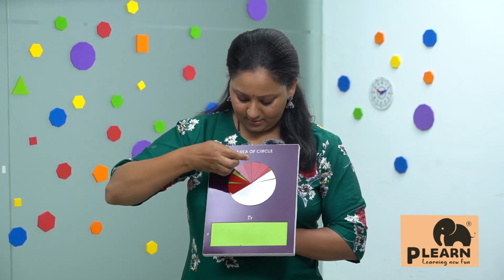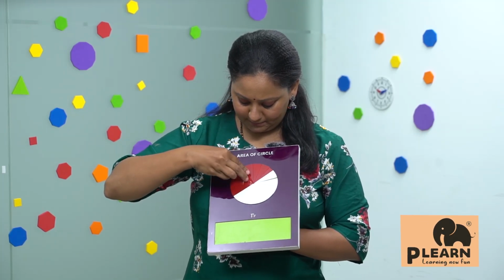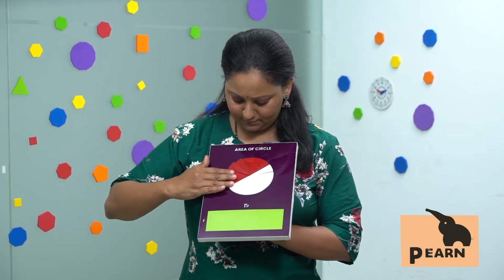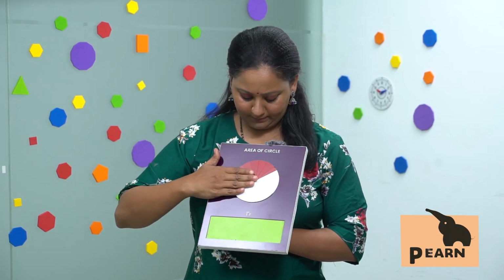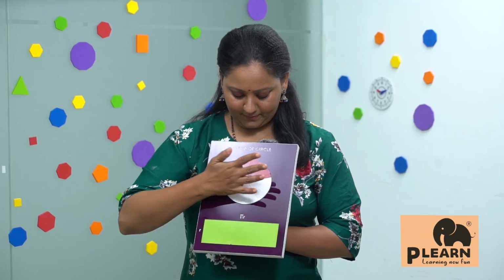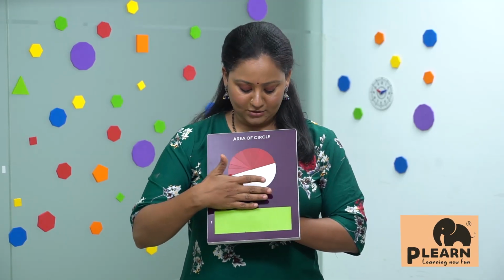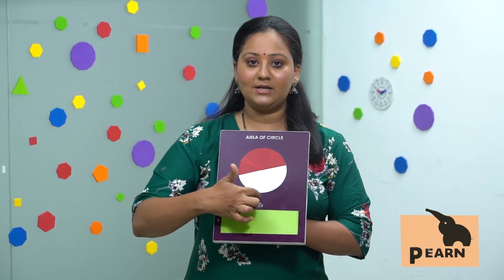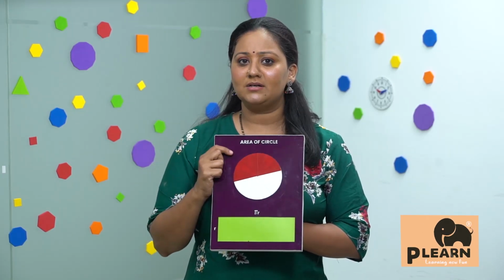This way, I have rearranged this in two semicircles. Like you can see, the white part is one semicircle and this is one more semicircle.